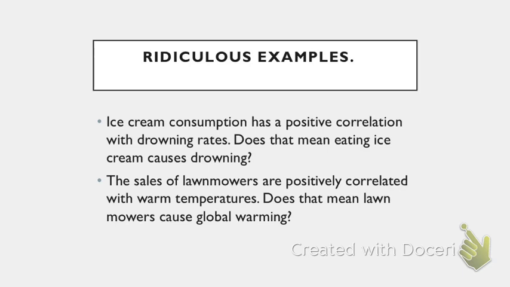Ice cream consumption has a positive correlation with drowning rates. Does that mean that eating ice cream causes drowning? No. You can sit at home and eat ice cream and never get near a pool. The cities that have a lot of ice cream consumption have a higher drowning rate.